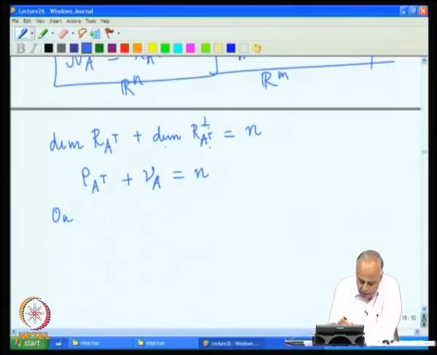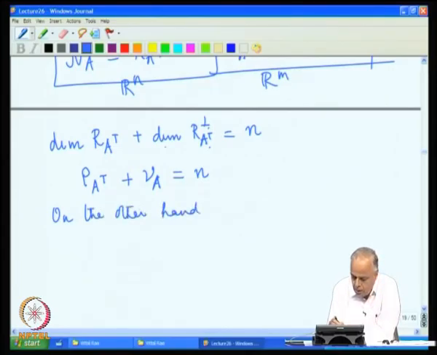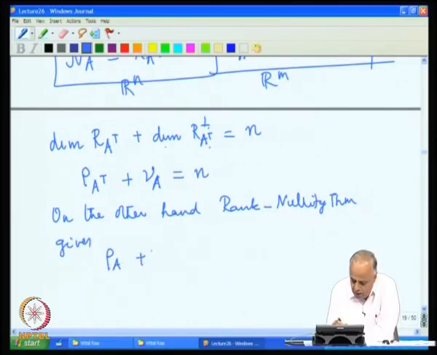On the other hand, rank nullity theorem gives the rank of A plus nullity of A is equal to n.